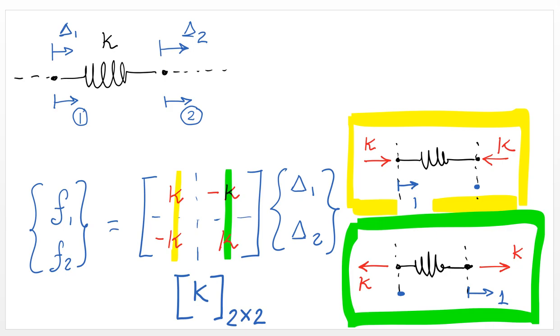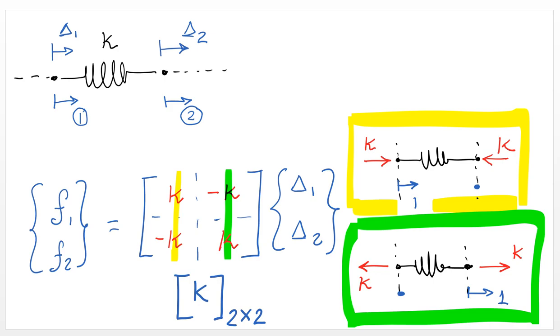And so those forces form the first column of the stiffness matrix. We do a similar analysis for end number 2, and in order to induce a unit positive displacement at end 2, we need forces K and minus K as shown here. So we place negative K at degree of freedom 1 and positive K at degree of freedom 2.